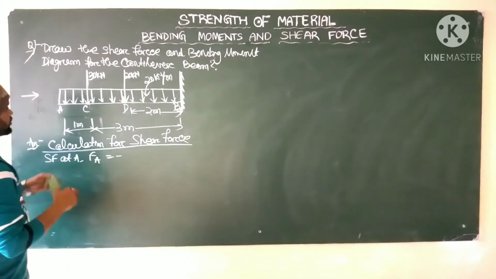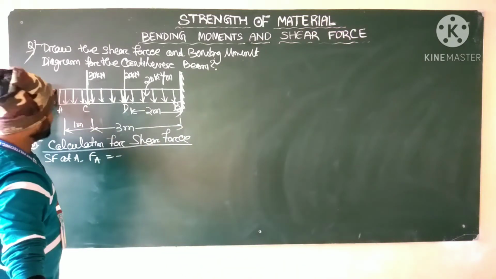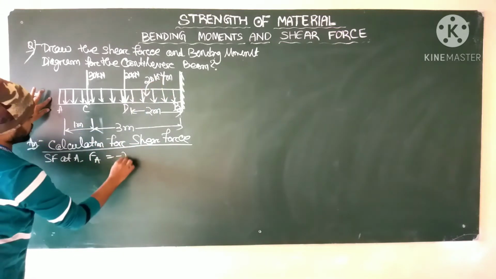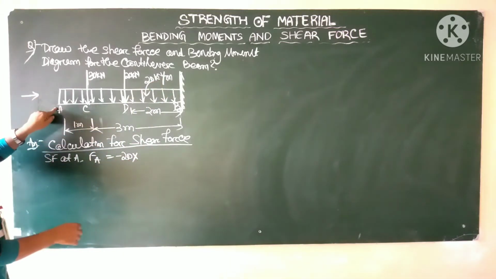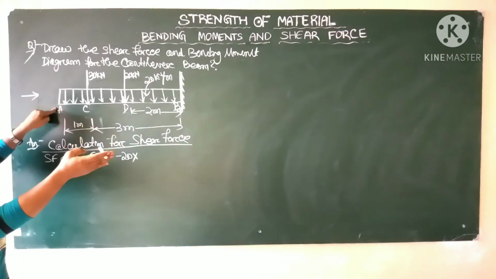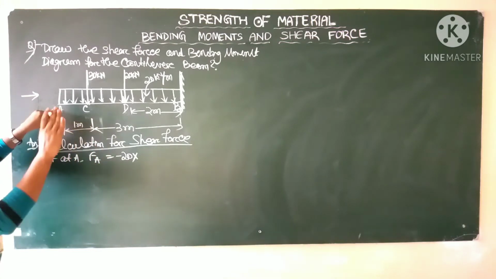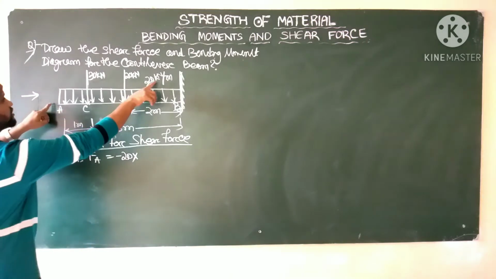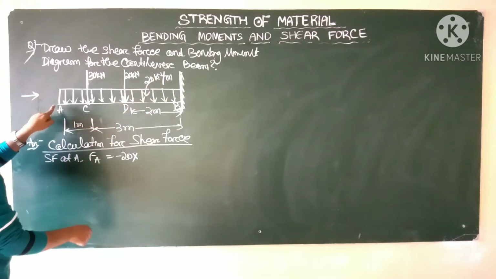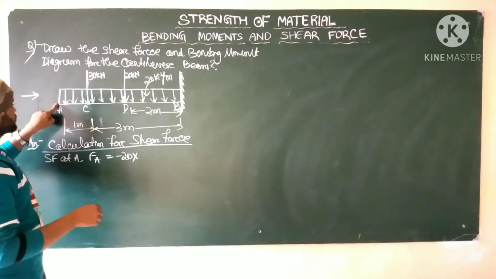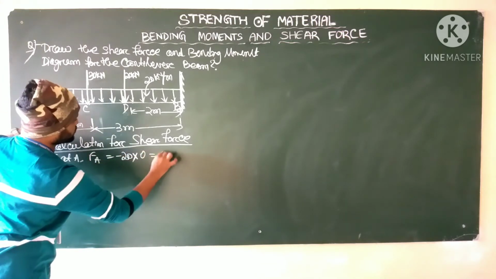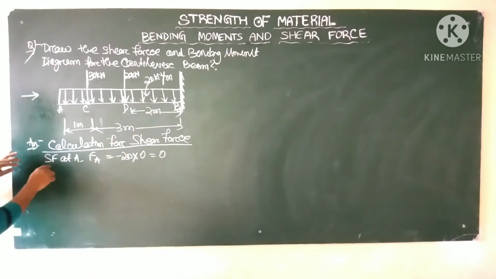So negative. UDL amount is 20 kN into distance, W into x. We have previously learned that in case of UDL, the shear force amount is W into x. So W is 20 kN per meter and x is the distance. As it is the starting point, this distance is 0. Net value is 0.